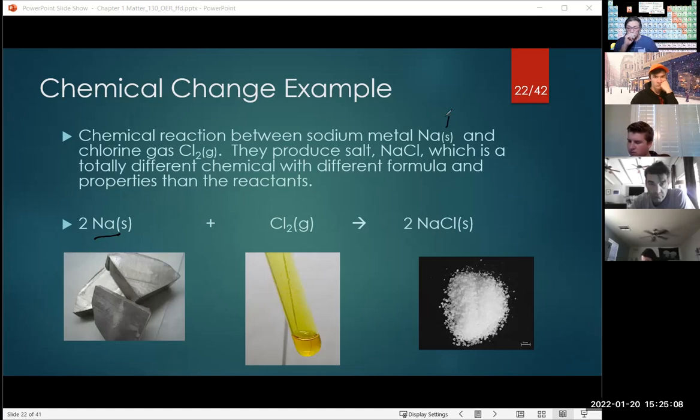If you notice the periodic table behind me here, you're going to be able to determine whether that element is a solid, liquid, or gas. We're going to learn that of all the elements there, only 2 are liquids. About a dozen of them are gases, and the remaining elements are solids. And so we're going to know that sodium is a solid, hence we have in parentheses (s).